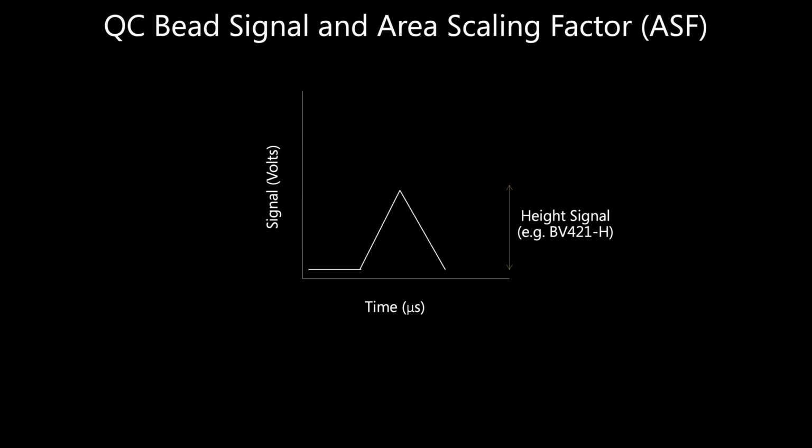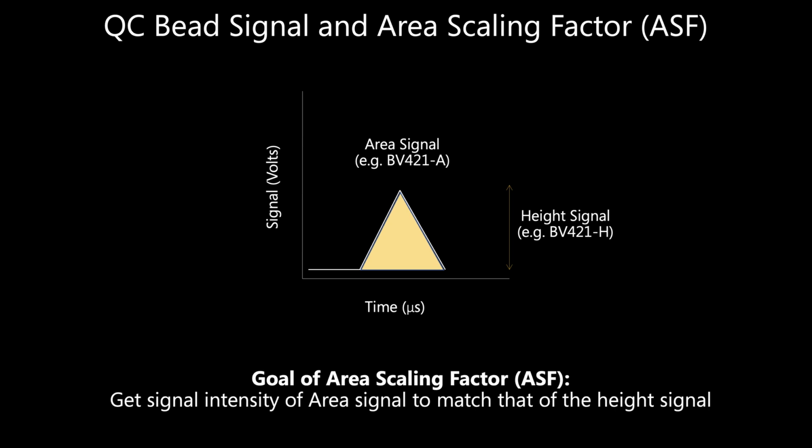More often than not, people are used to looking at the signal in terms of area. The area is this cumulative signal underneath this triangular signal cartoon that I've sketched out, and that's what appears in the software as the MFI intensity for something like BV421-A in your cytometer software plots. The goal of the area scaling factor is to have the signal intensity of this area signal be similar to that of the height signal.